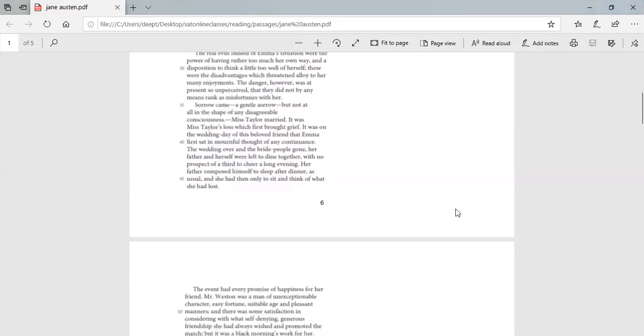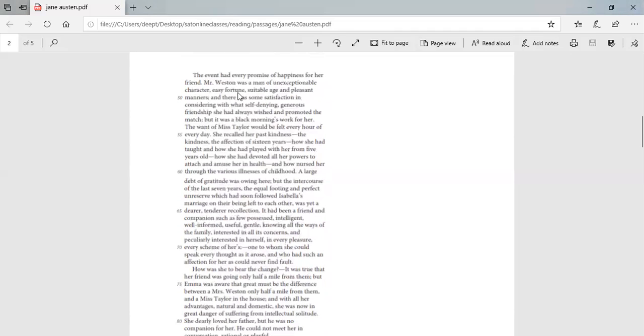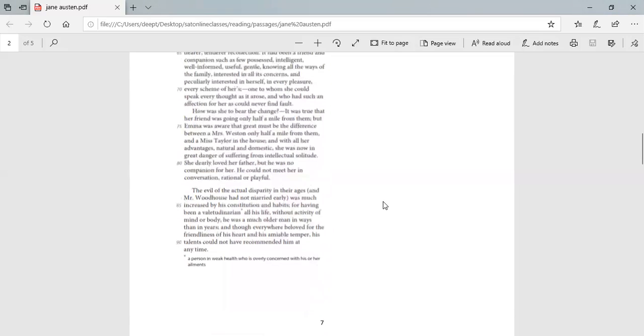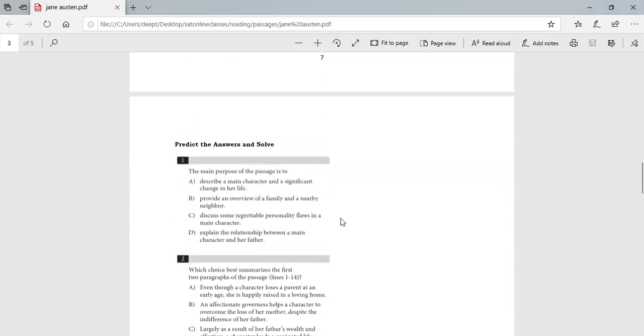Then how she got married, then what happened, how Emma felt so alone. She married Weston. Not a lot of information about Weston is given. Then in the last paragraph, it's discussed how Emma and the father shared the relationship with each other. Okay, let's go to the questions now.